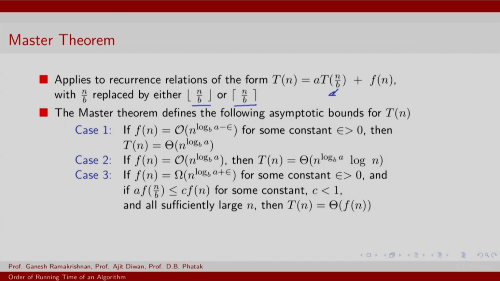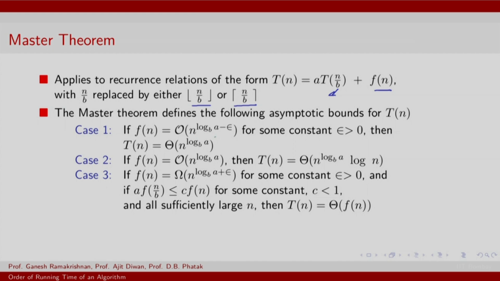It is all based on cases, and there are 3 cases. If f(n) is big O, and I repeat, we are looking at an upper bound for f(n) which looks like n raised to log to the base b of a minus epsilon.